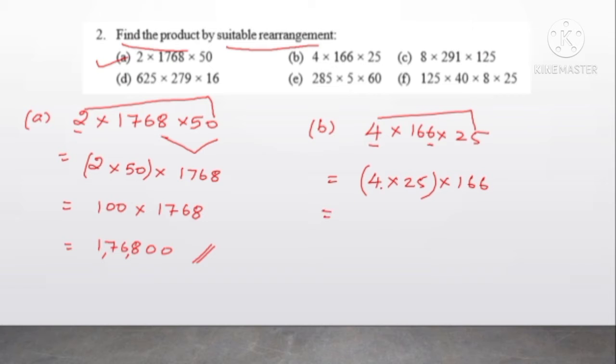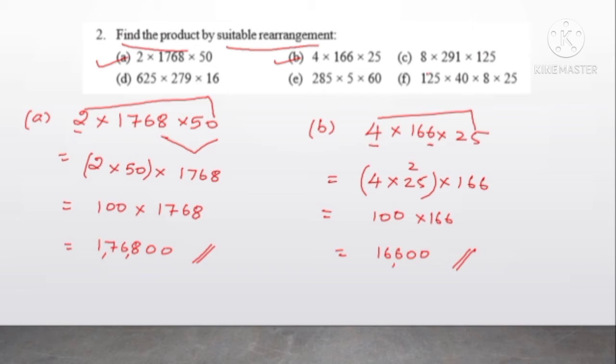So this is equal to 4 5s are 20, balance 2, 4 2s are 8, 8 plus 2 10 into 166. When you multiply 166, how many zeros? 2 zeros. So the answer is 16,600. So we completed subdivision B.